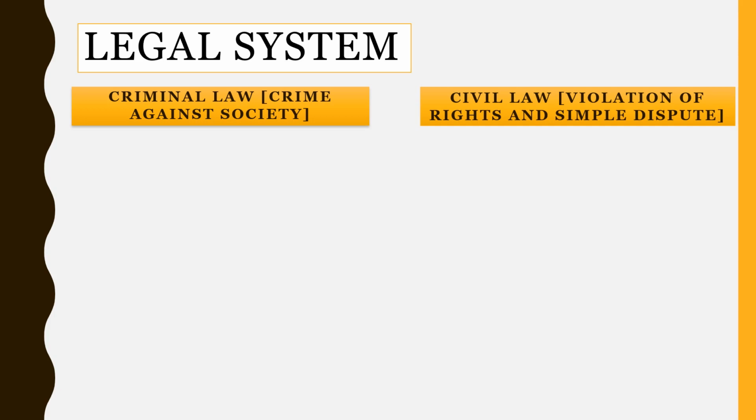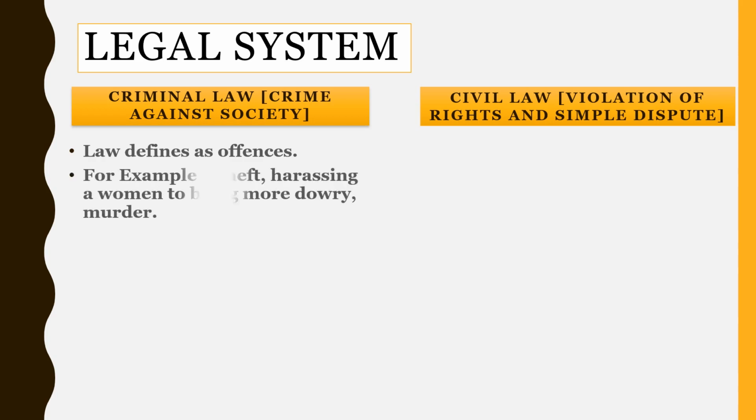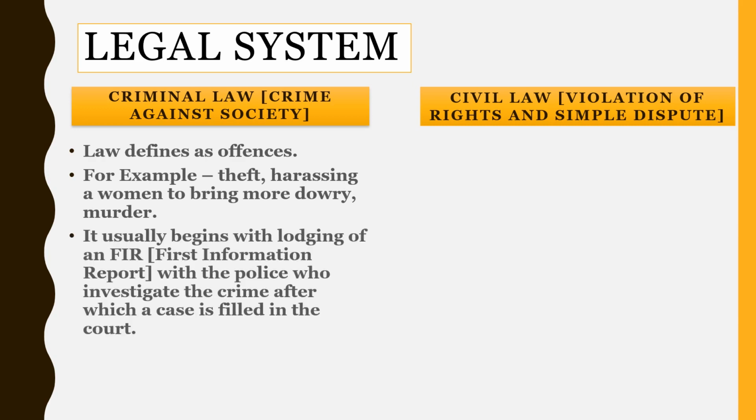Civil law means violation of rights and simple kinds of disputes like land disputes. Any law that defines an offense we can include in criminal law, for example, theft, harassing a woman to bring more dowry, murder, etc.